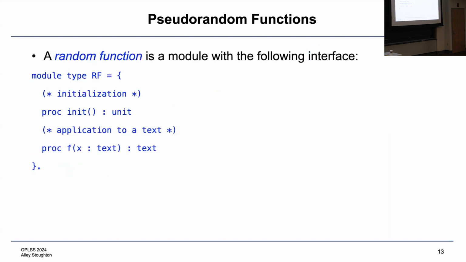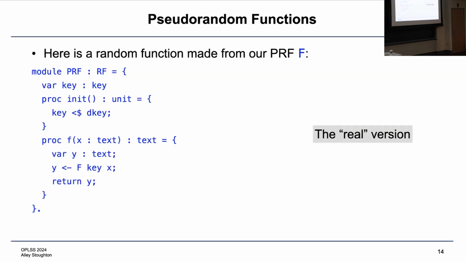Right, okay, so how did we say when a PRF is good? We do it using a very simple case of the real ideal paradigm. So this is really our first example in the wild, if you like. A random function module has 2 procedures, initialization and a procedure of transforming a text value to another text value. And we have 2 implementations.